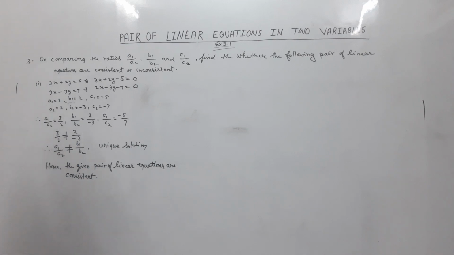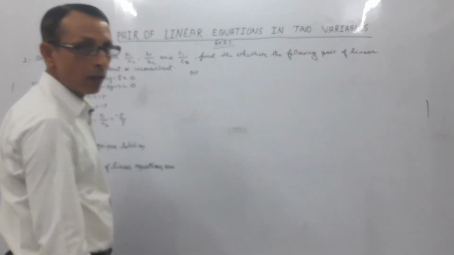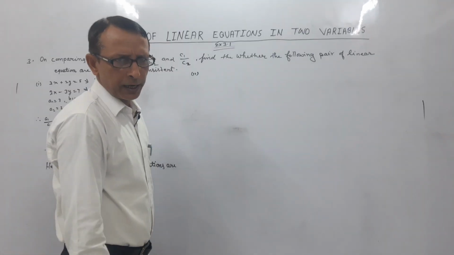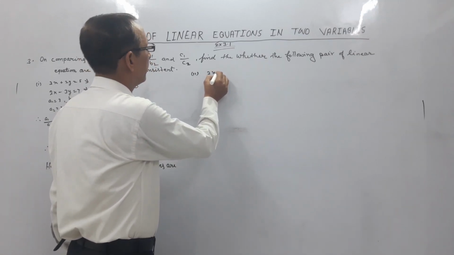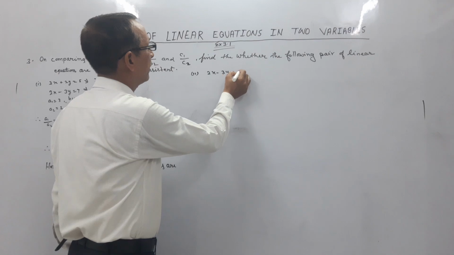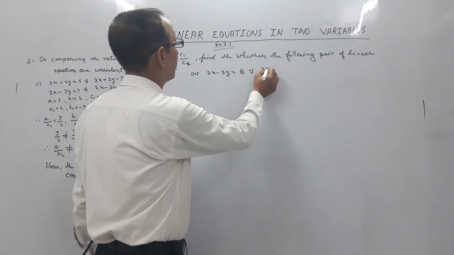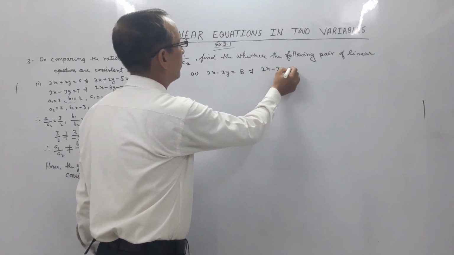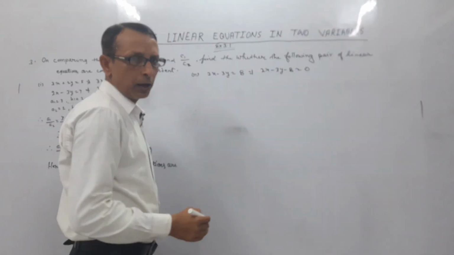Now second question is 2x minus 3y equal to 8, so then implies 2x minus 3y minus 8 equal to 0.